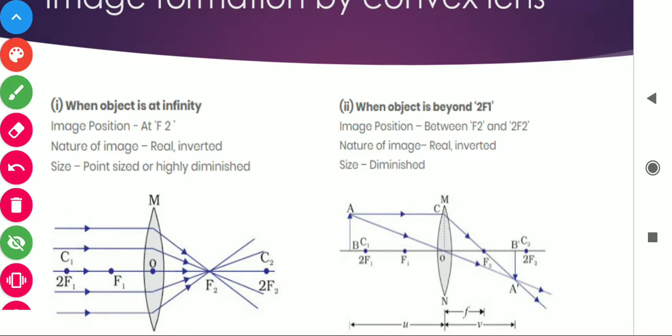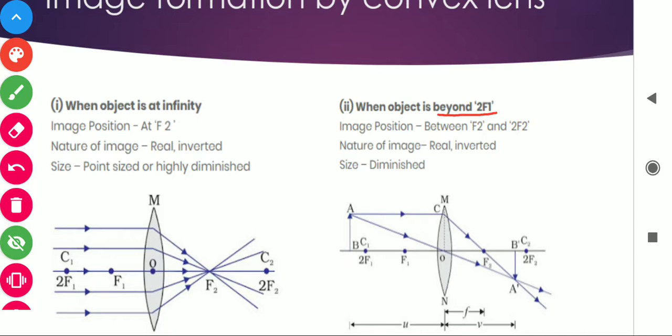Next is when the object is beyond 2f, means beyond double the focal length. In mirror we used to read this as beyond C. Here we will discuss beyond 2f. Here this is the AB.